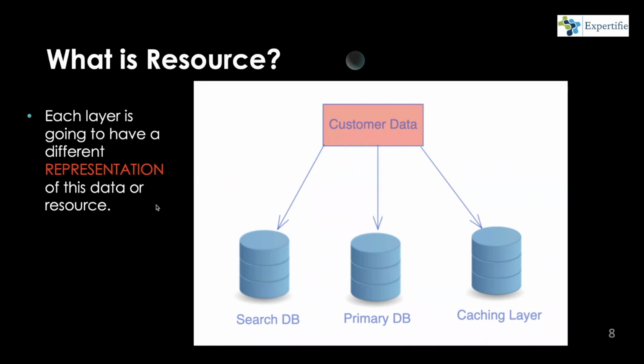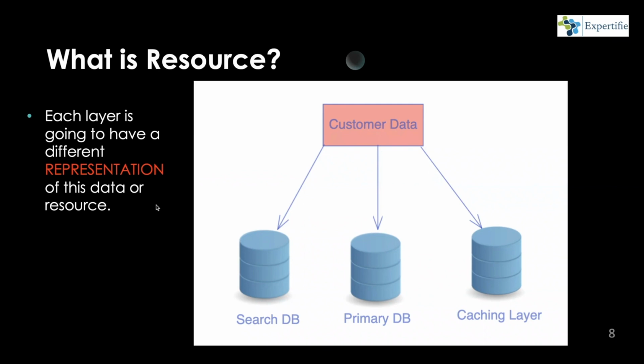In search DB, it may be kept in JSON format. In a primary DB like Oracle, it may be kept in tuple format, like row-wise. And in the caching layer, not all the attributes may be required. Let's say only a few attributes are required, like name, ID, and so on. So only that subset of the resource is kept in the caching layer.